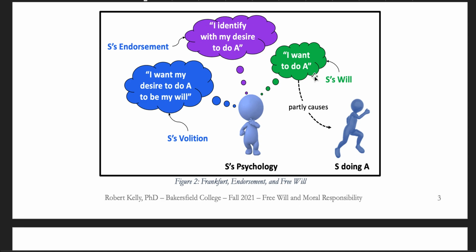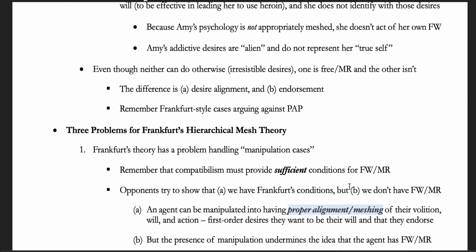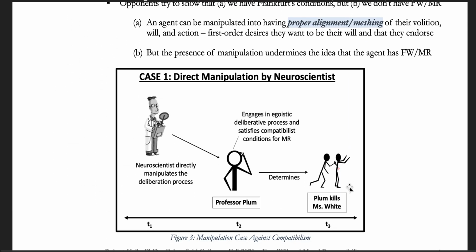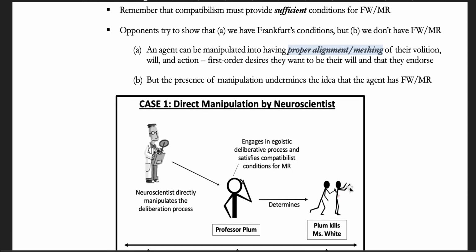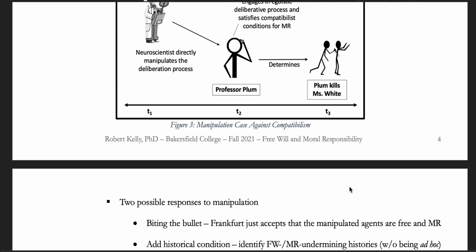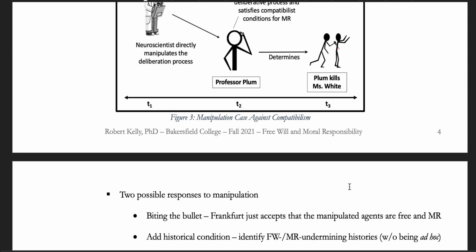They endorse that desire because now they're evil after their manipulation. They have all this stuff, but it seems like they shouldn't be free or responsible because they were manipulated. And it's not clear how Frankfurt can respond to that. Well, sorry, it's not clear that the view is right. I say it's not clear that there's plausible responses.